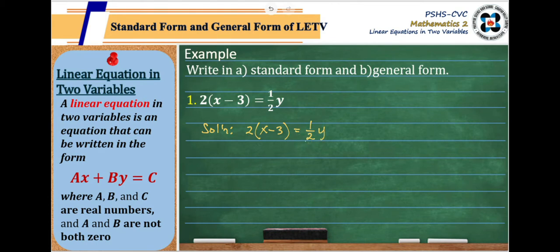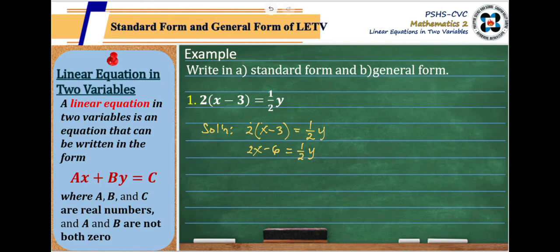And then on the left side of this equation, we can multiply x minus 3 by 2. So using the distributive property, we have 2 times x, that's 2x. Then 2 times negative 3 is negative 6. And this is equal to 1 half y.